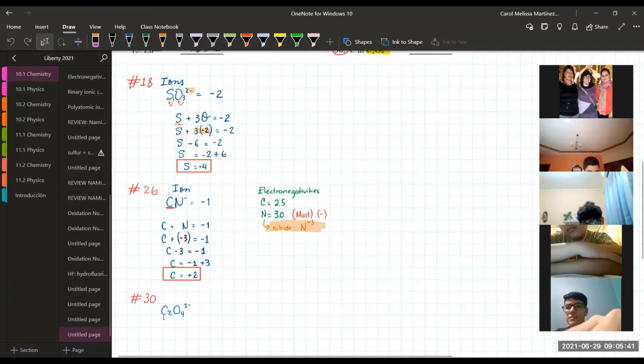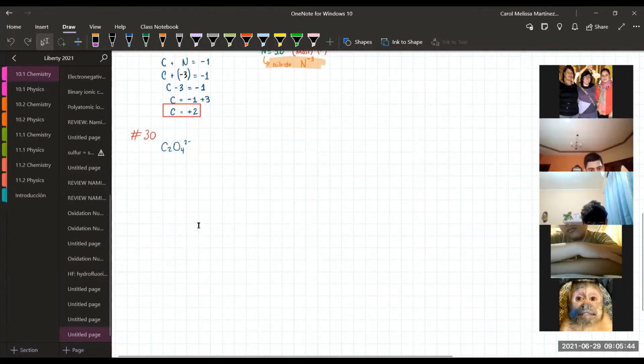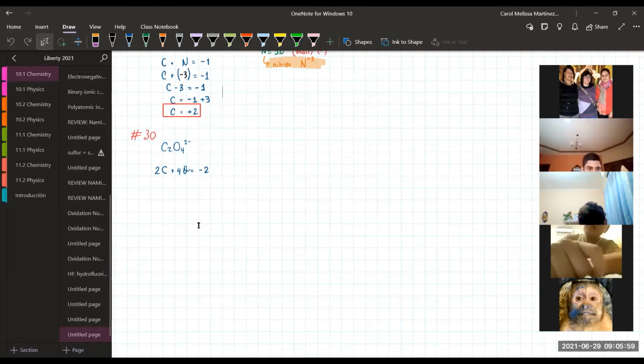Now, in the case of exercise number 30, the situation will be 2 carbons plus 4 oxygens equals -2. We are looking for carbon, okay? So this will be 2 carbons plus 4.